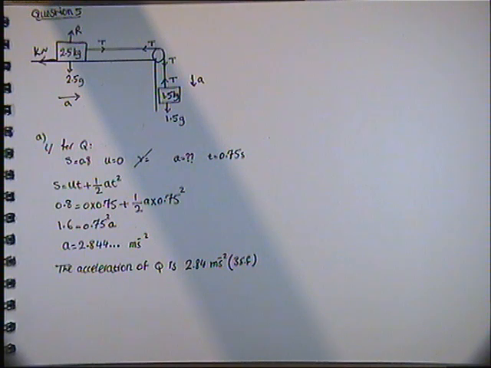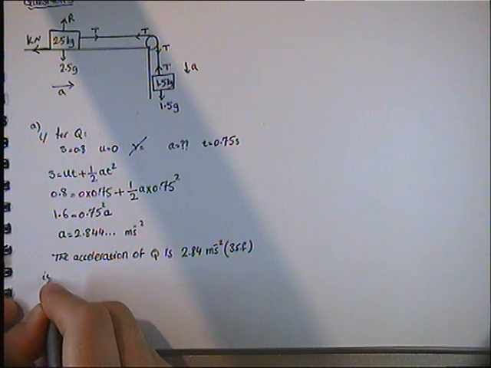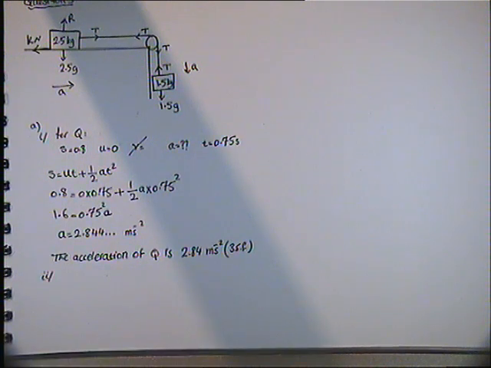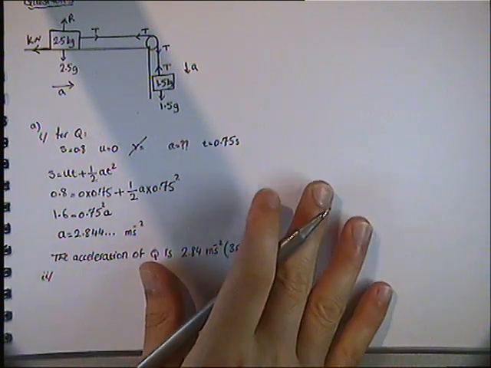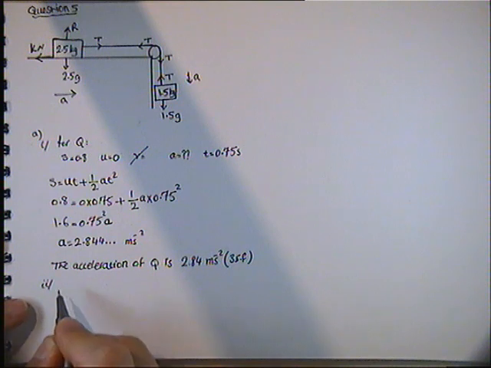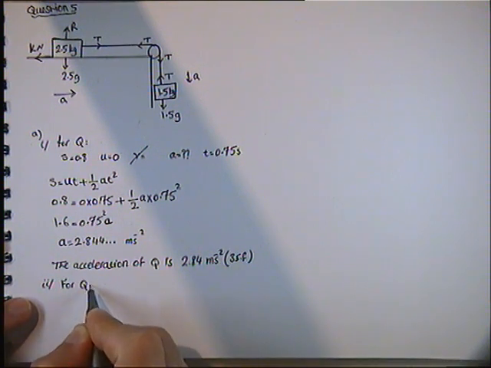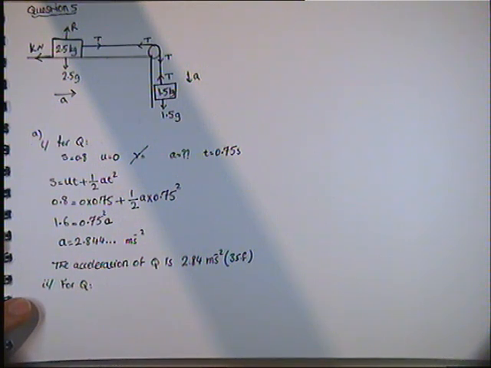For part 2, we need to work out the tension in the string. Now we've got the acceleration, we can write an equation for Q. Obviously the forces for Q are the vertical forces.